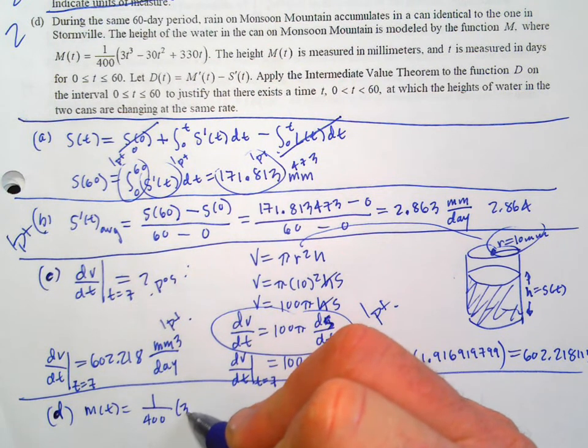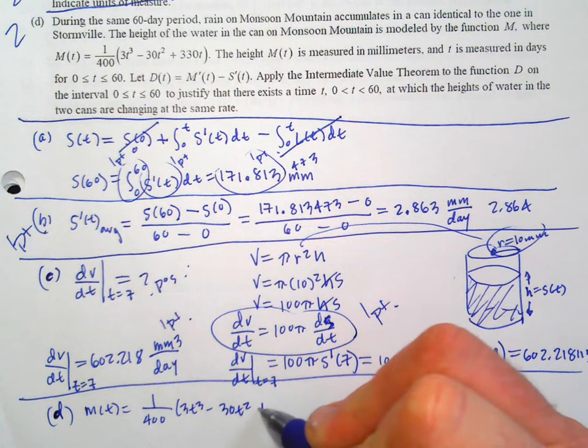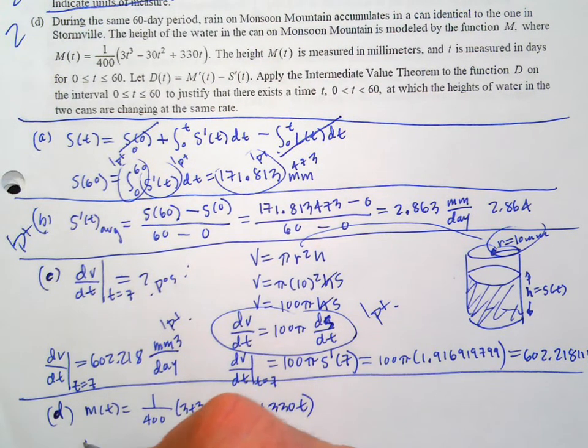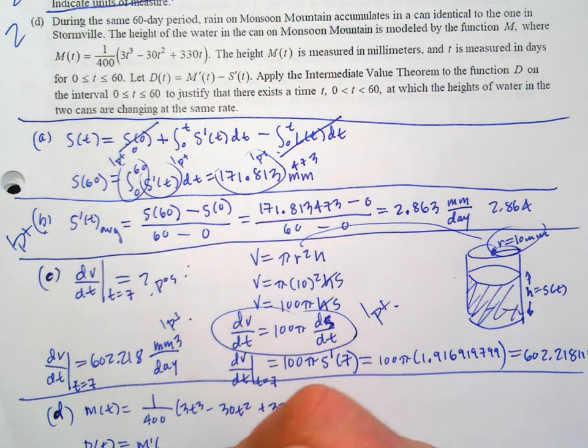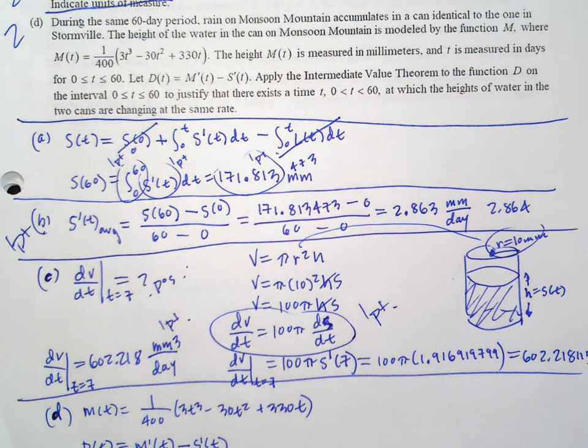Okay, so they give you this new function for m, Monsoon Mountain. I'm just going to write this down to have it right next to where I'm trying to do my work. And then they tell you that D(t) equals m prime t minus s prime t. So they say to use the intermediate value theorem to show that they're changing at the same rate.